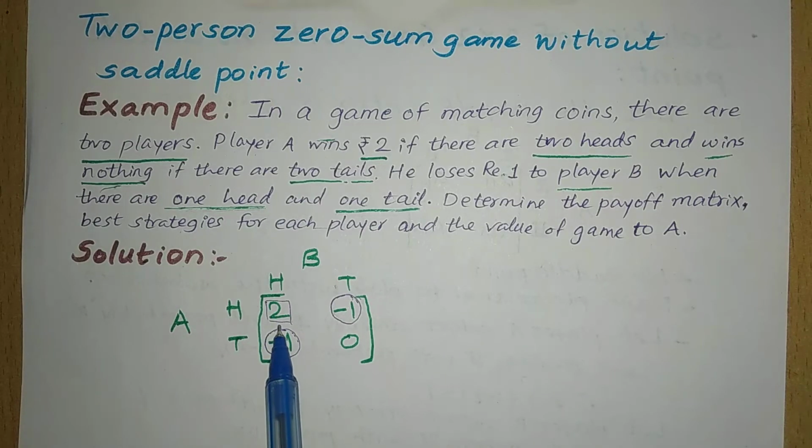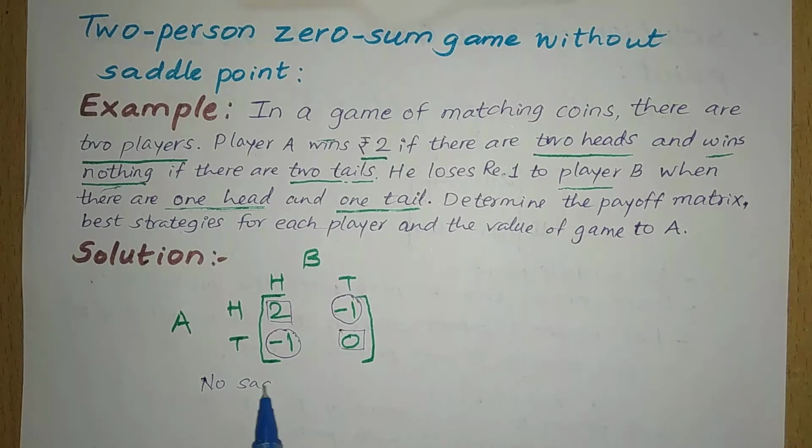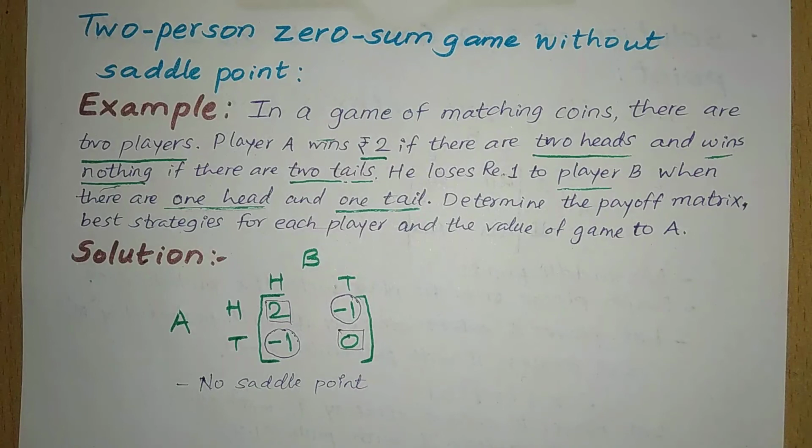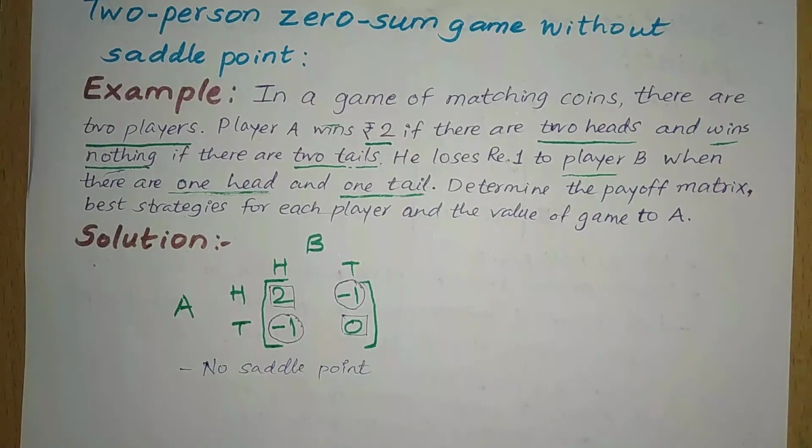In the first column 2 is the maximum value, in the second column 0 is the maximum value, and row-wise, -1 in both rows is the minimum value. There is no coincidence of a circle and square, so there is no saddle point in this game. Therefore let us solve this game as a mixed strategy game.